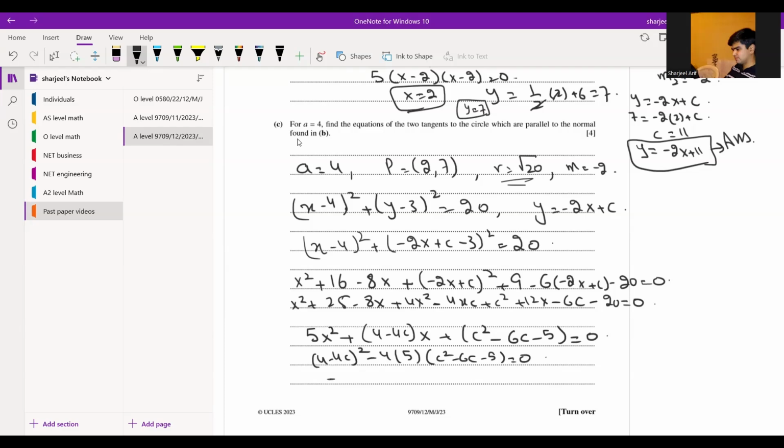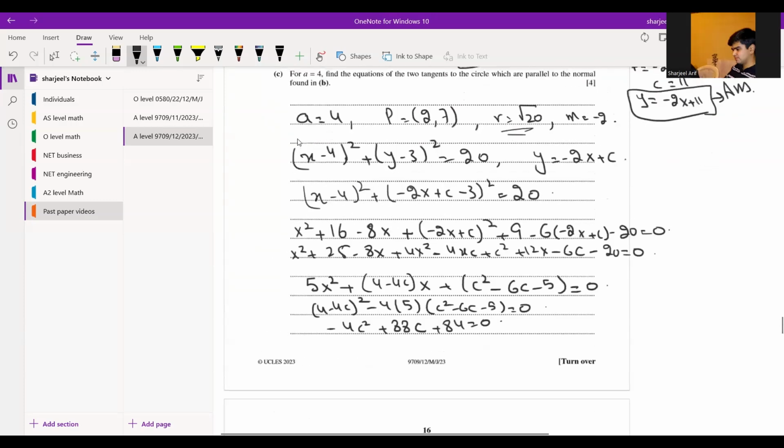We'll simplify it to get -4c squared plus 88c plus 84 equals 0. Take -4 common from it. We will get c squared minus 22c plus 21 equals 0. The factors will be (c - 1)(c - 21).